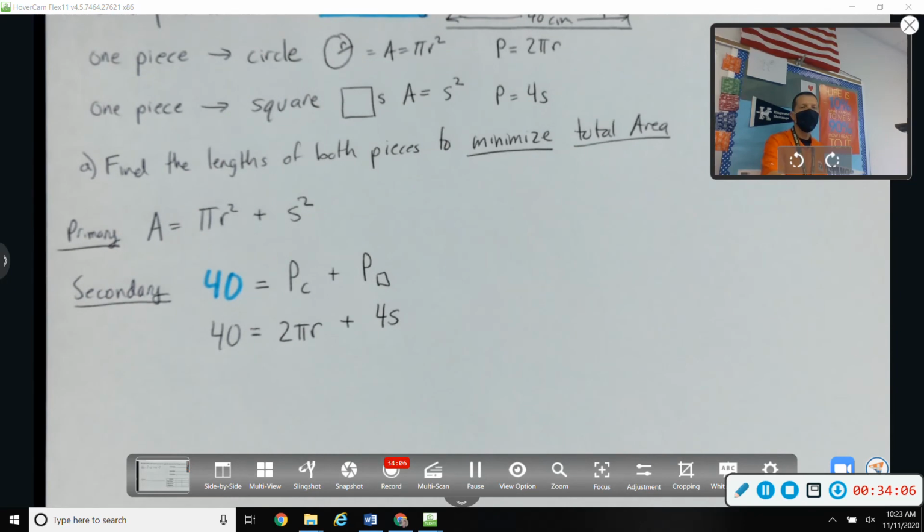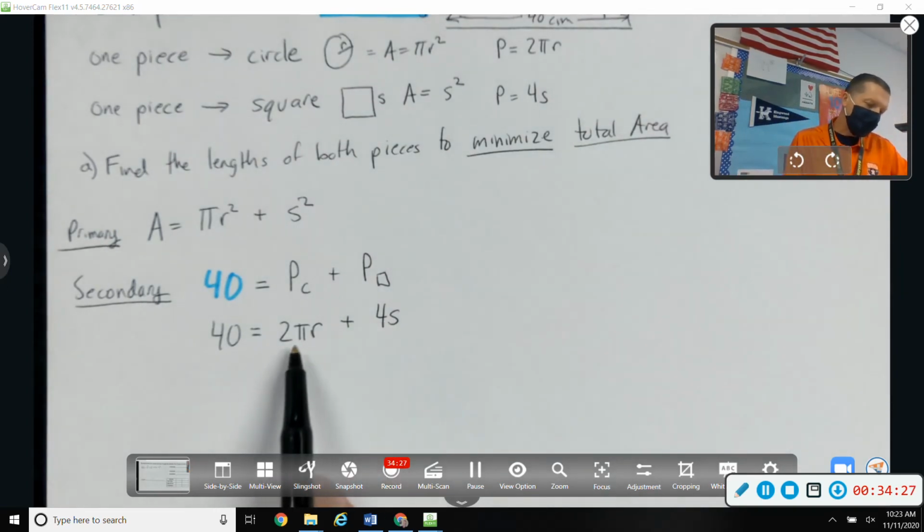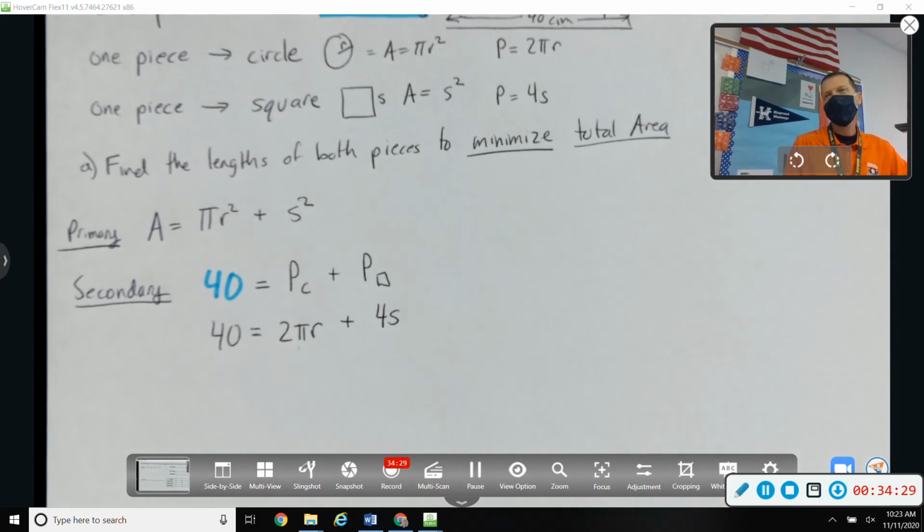And it may not look like it yet, but we're almost there because this is an equation with r and s. So I can solve that for either one of them, plug it into this one, and take a derivative. The algebra is going to be ugly, but I think I'm set up to solve this problem. Do you want to solve for s or for r? Which one looks easier? S, I would agree, so you don't have to divide by pi.